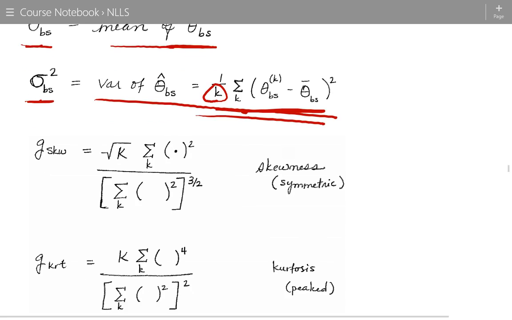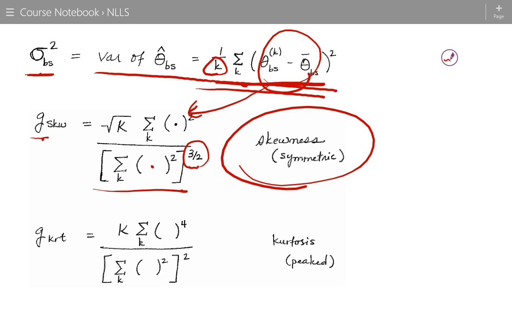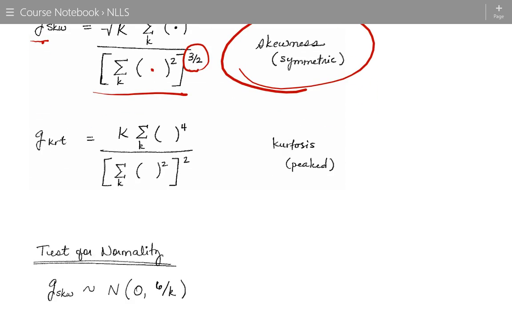And we can create a skewness statistic, which will be the square root of k, the summation of k times this quantity squared, summation times that quantity squared, and then take the 3/2 power of that, take the ratio, and that's going to give you skewness. And this term is going to give you kurtosis, which is a 4th power, and then the denominator is the sum of the squared and then squared.